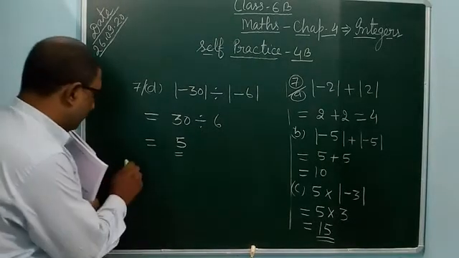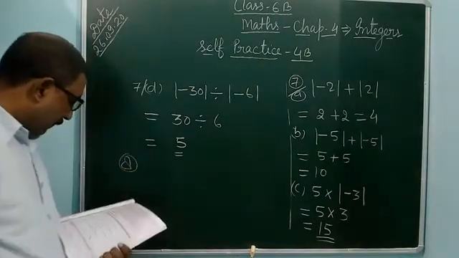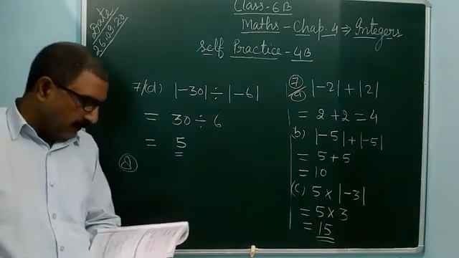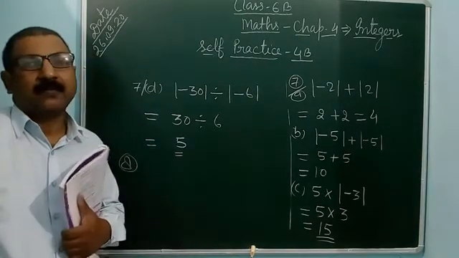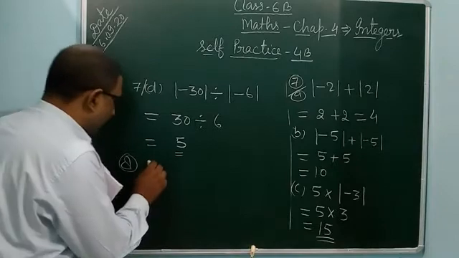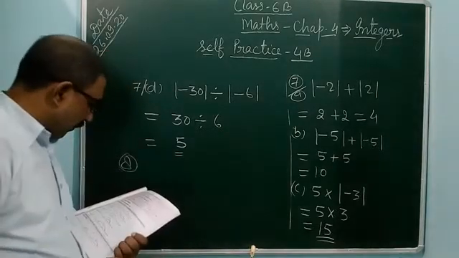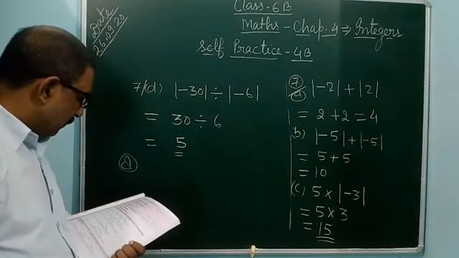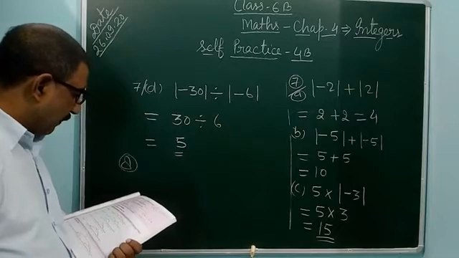Question number 8. Can the absolute value of a number ever be negative? No. The absolute value of a number is never negative.